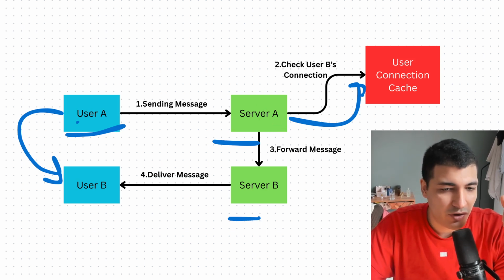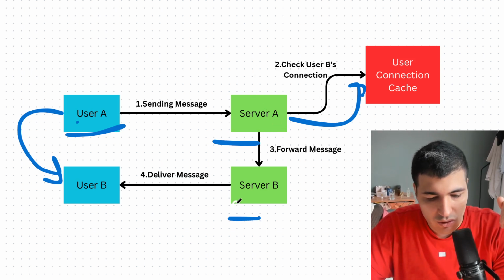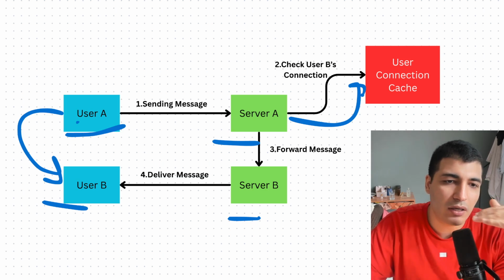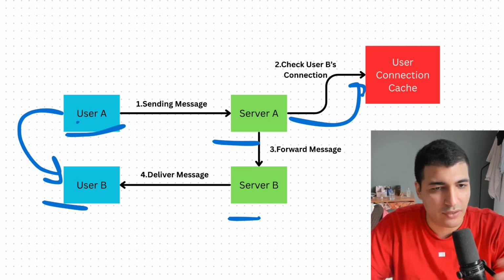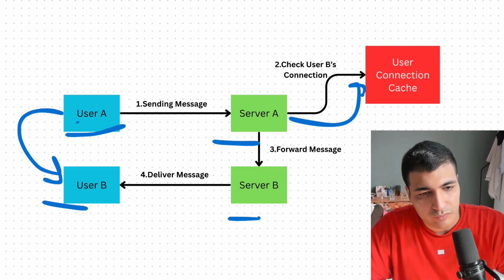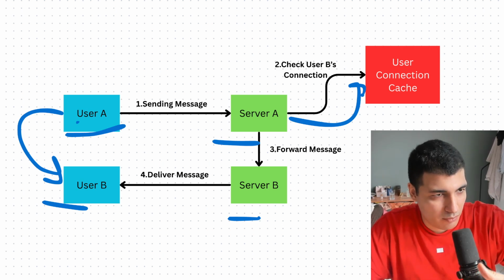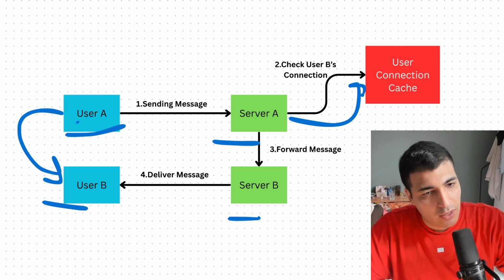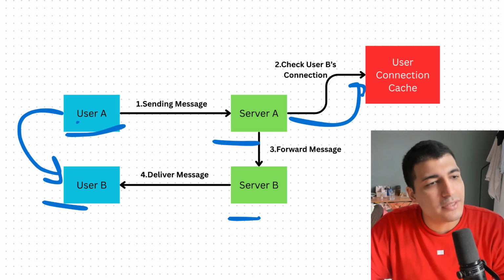Once server A knows which server user B is connected to, we go through the second phase, which is to deliver the message. There are two possible outcomes. Let's first start with if user B is online.